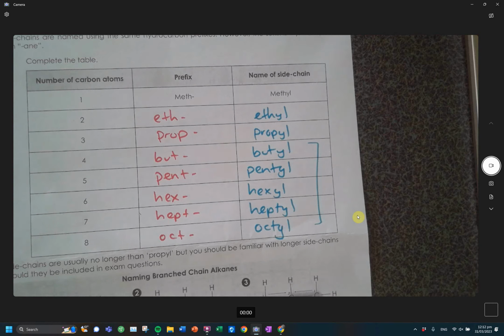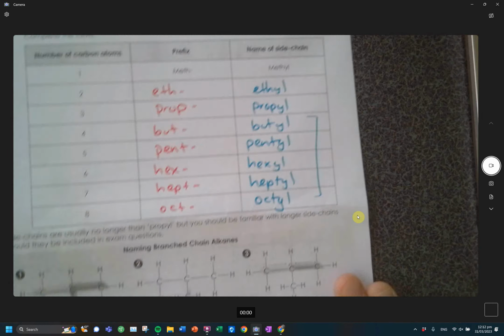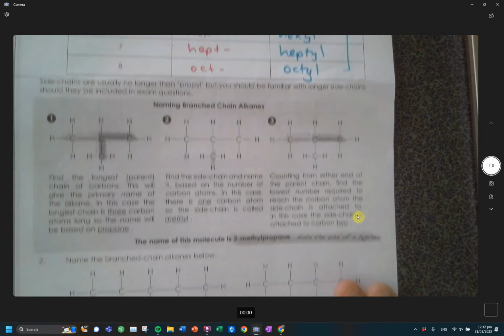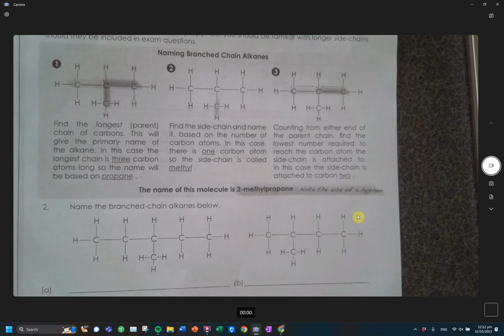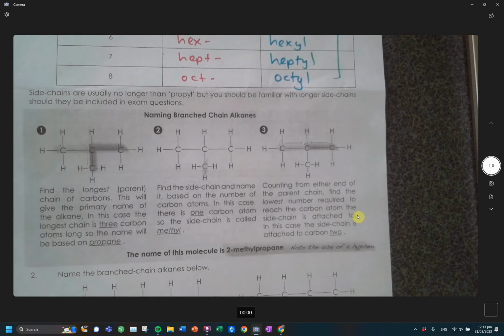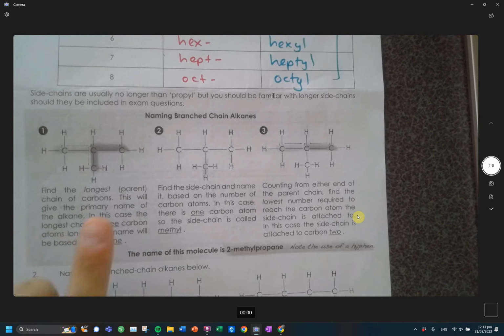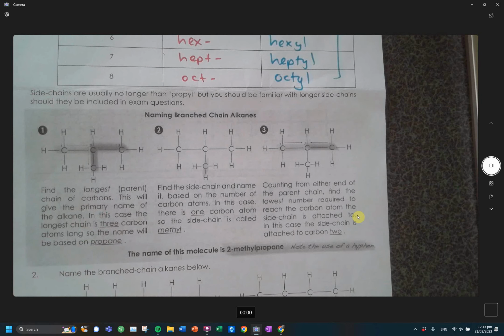I'll just basically use these as examples to explain what we are doing when it comes to the naming of our alkanes. So now we are going in the other direction. We're being given the drawing, and from the drawing we have to decide what the name is of that organic molecule. Some things to keep in mind is you want to find the longest chain possible.